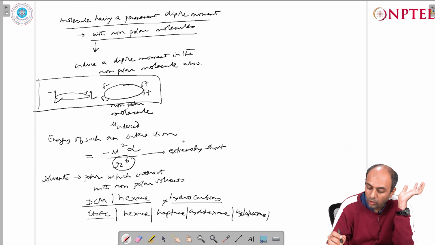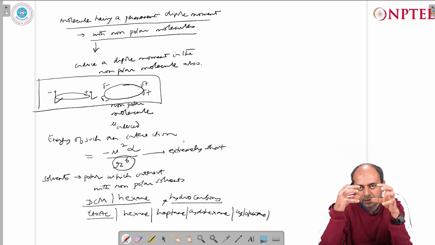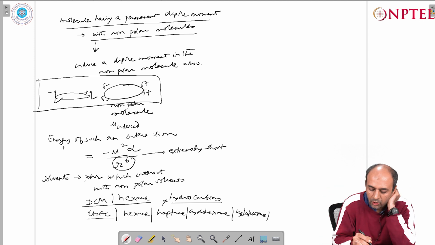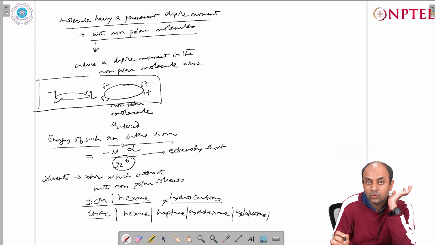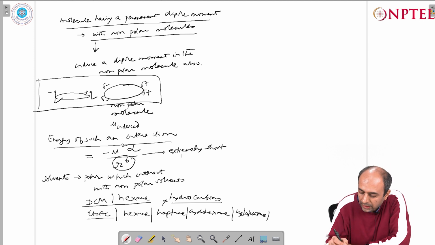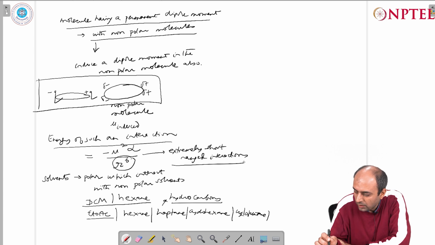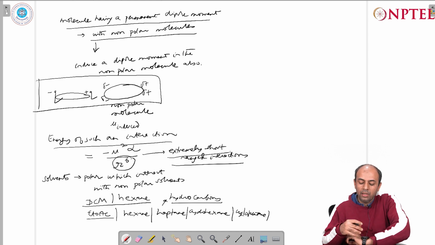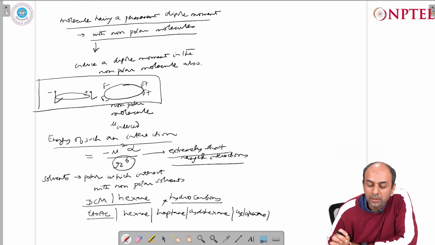This interaction is operational at very short distances, and if there is a slight increase in the distance, the energy of such an interaction tends to go towards 0. So it rapidly falls off with distance, and these are extremely short range interactions. So this is the property of dipole induced dipole interactions.